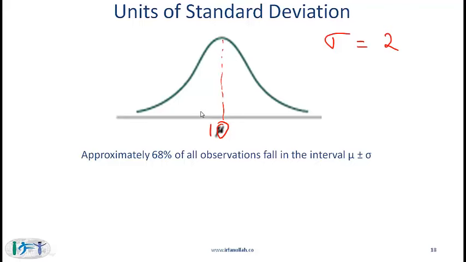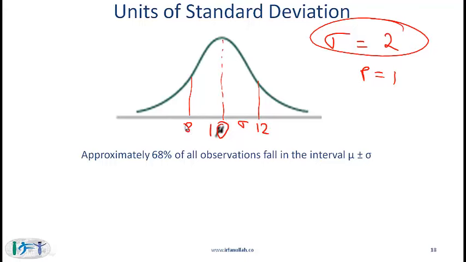Then what we are saying is that if the total area under this curve, or total probability, is equal to 1, then 68% of the data will fall within 1 standard deviation of the mean. 1 standard deviation is equal to 2 in this particular distribution. So 1 standard deviation will take us to 12 on the right side of the mean and 8 on the left side of the mean.